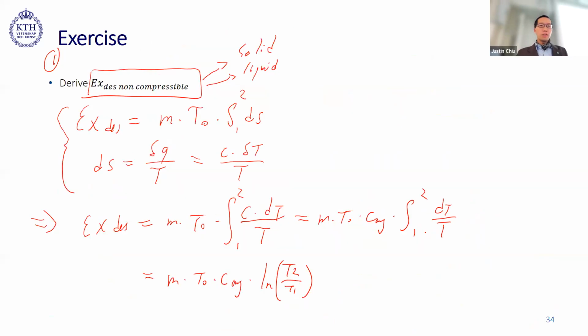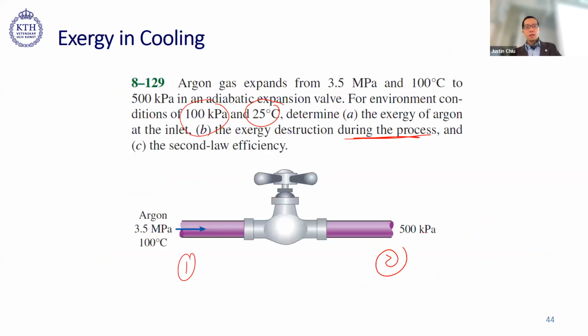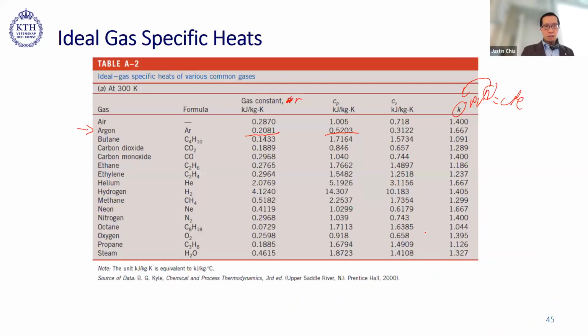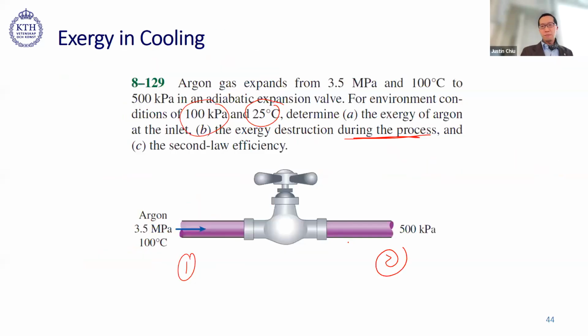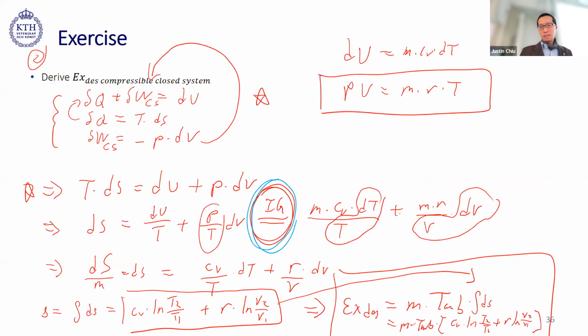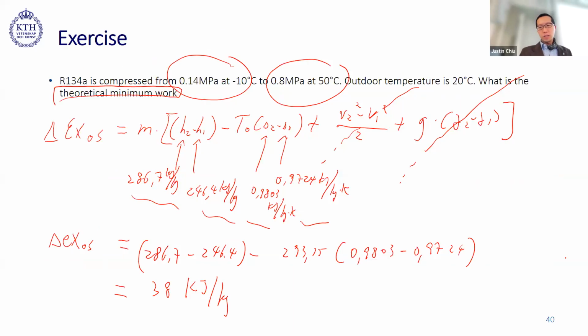So they say if this is a throttling process, the temperature would not change. Constant temperature. So then this would be minus R log P2 over P1, right? This is the equation we have. Minus R log P2 over P1.